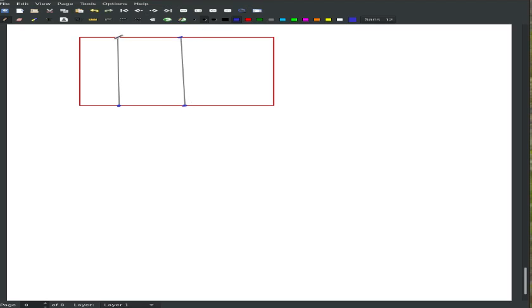So that means this point is glued to this point. So A is glued to A prime, B is glued to B prime, and so on. Okay? So all the points on the top edge are glued to the corresponding point on the bottom edge. You get it?